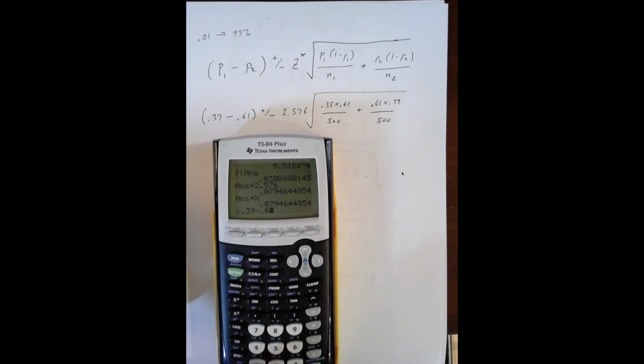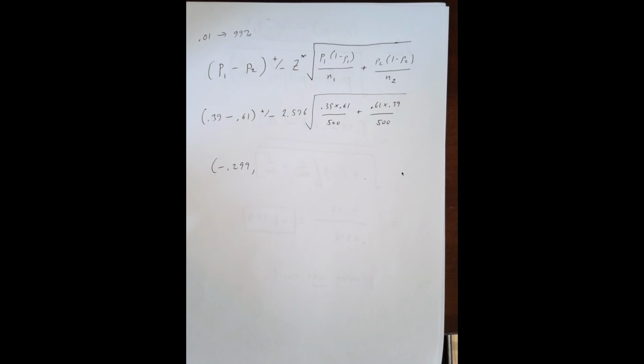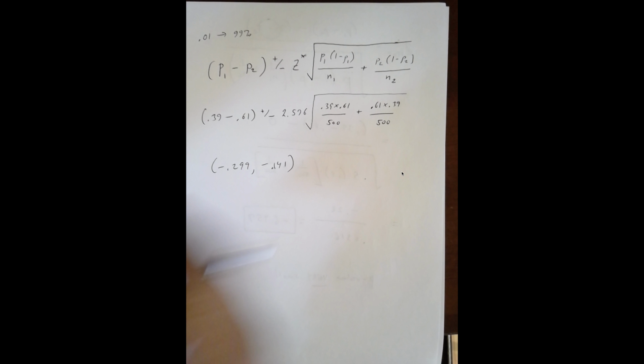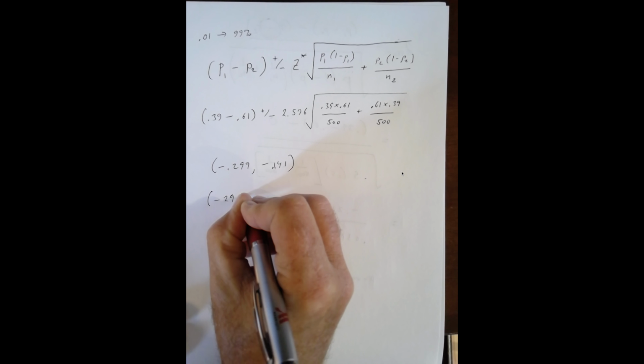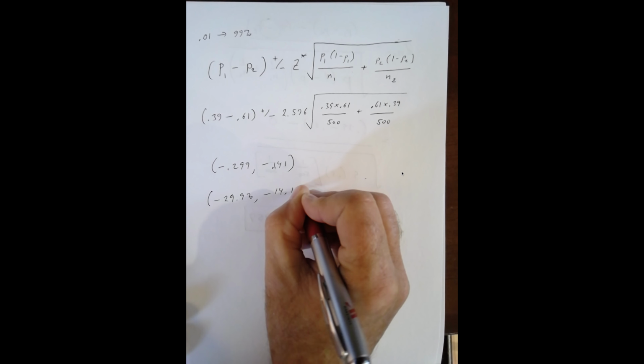So I get negative 0.299 to negative 0.141, right? So I can also think of that as a percentage, so negative 29.9% to negative 14.1%.